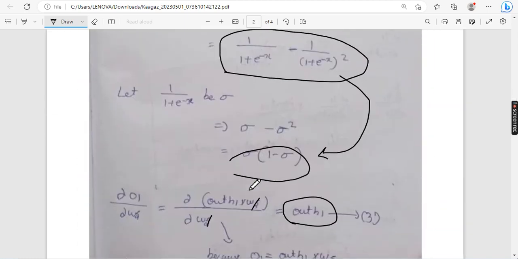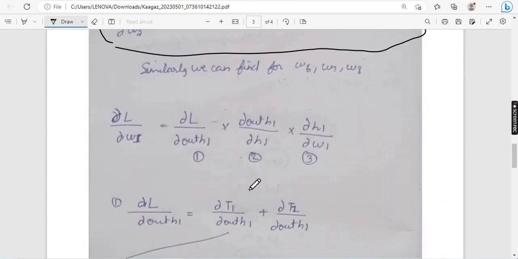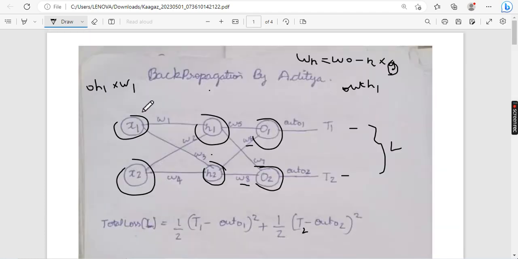So now let's compute for W1. Where is W1? W1 is here, which is actually next to the input layer, right? So let's see for W1.